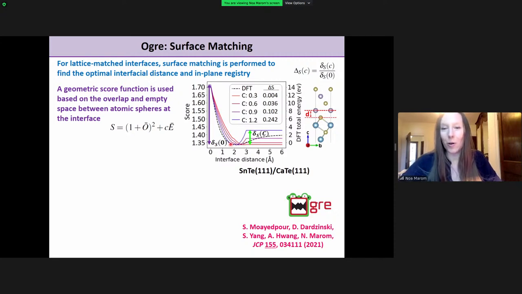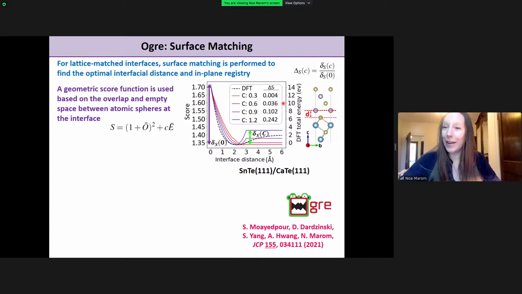All of these different curves in different colors are the score function curves that you get with different C parameters. You can see that the C parameter significantly affects the shape of the curve. We define delta S 0, when C is equal to 0, as this distance here, and delta S of C is this distance here.